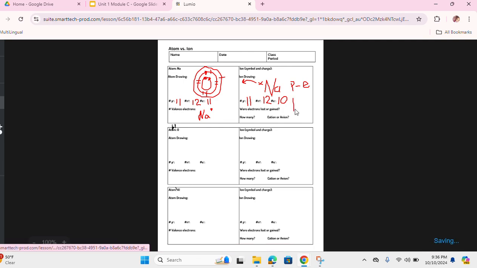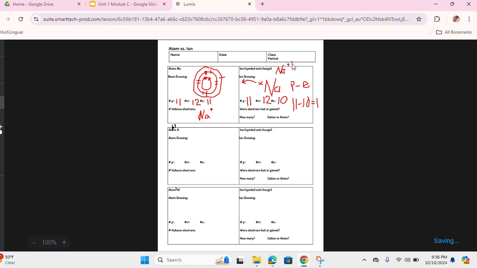So we have 11 protons minus 10 electrons, and that is equal to a positive 1. So our ion with its symbol and charge is sodium with a positive charge of 1.